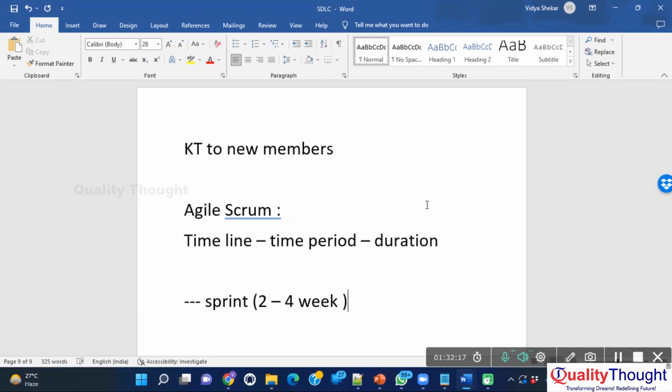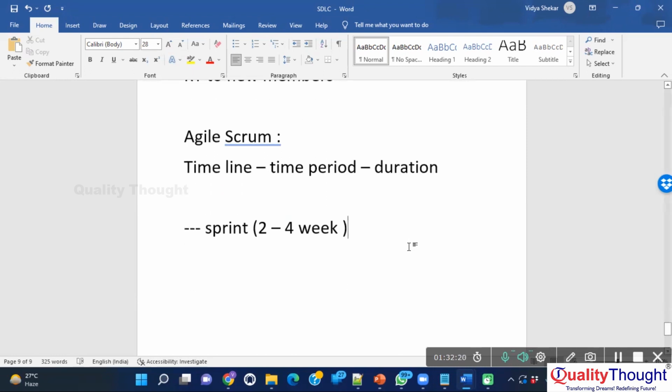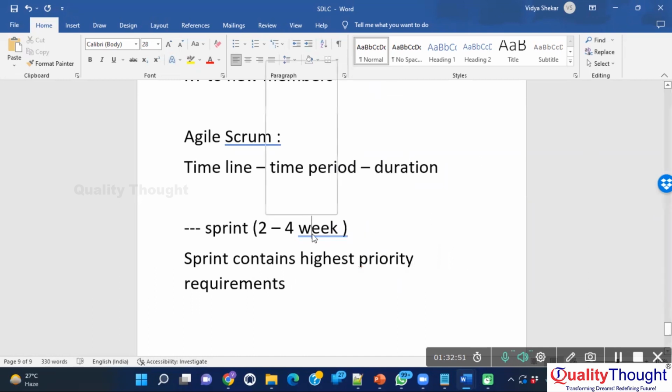The duration of the sprint is 2 to 4 weeks. What does the sprint contain? The sprint contains the highest priority requirements.